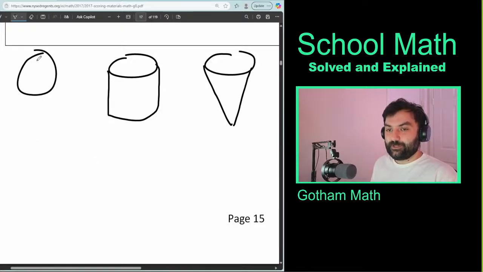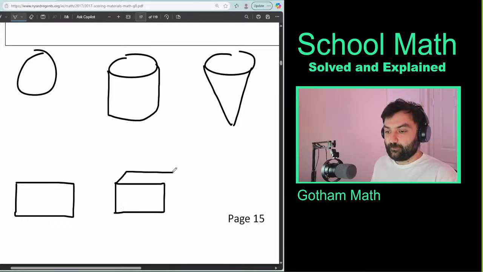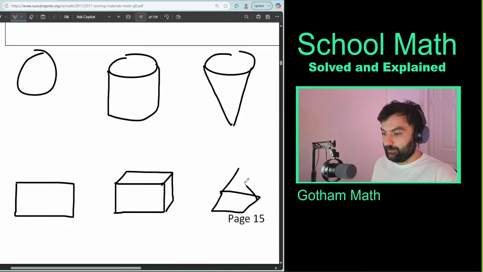And what's interesting is the same way it works with the rectangle, like a prism, and pyramid. Let me draw it right. I don't know if I can do it right. I can. All right.